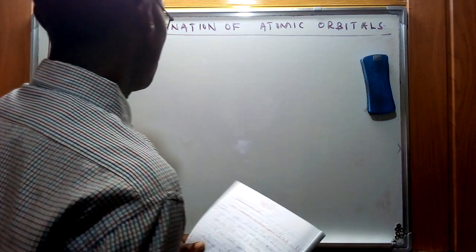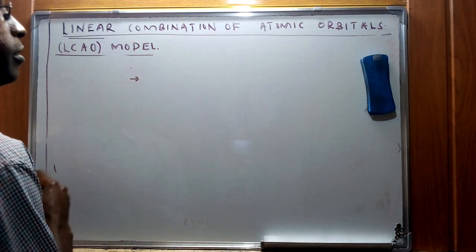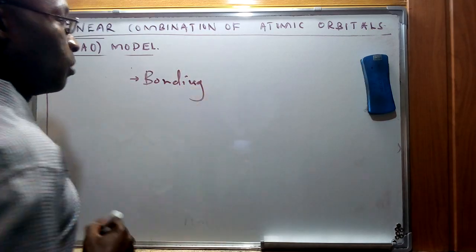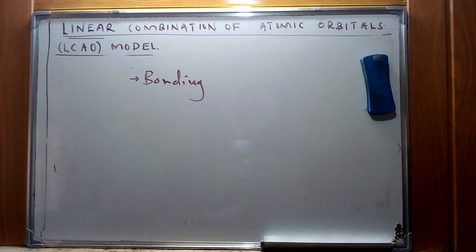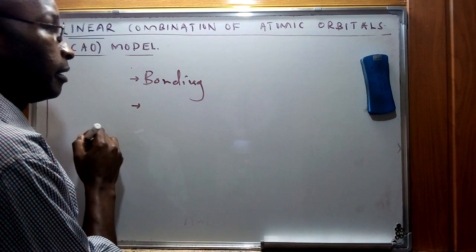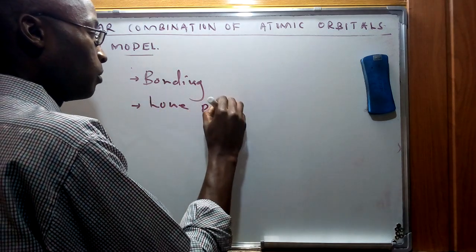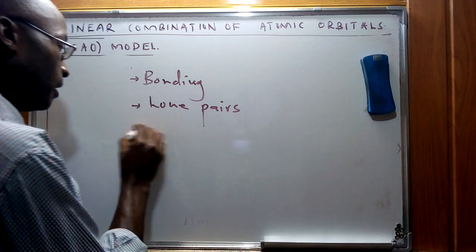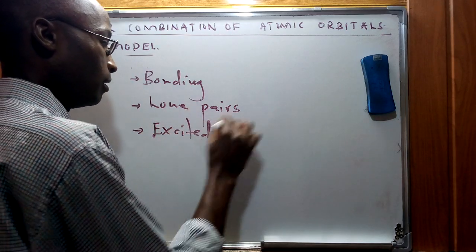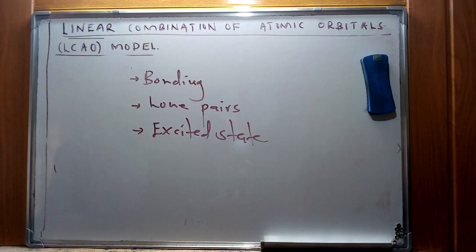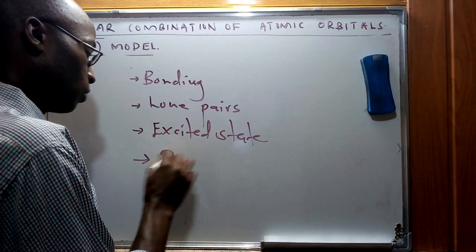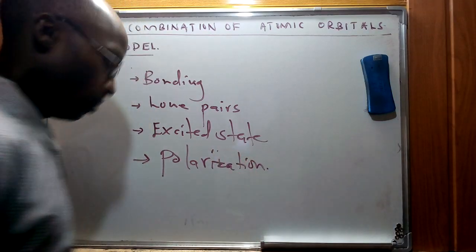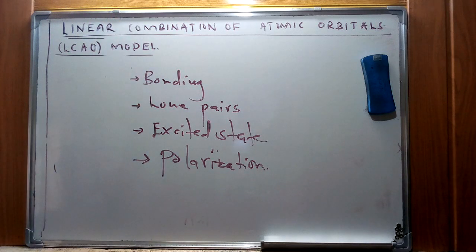It deals with the combination of atomic orbitals, or overlap, so it gives us an explanation of some of the areas in bonding insofar as overlap of orbitals is concerned. It also explains lone pairs of electrons observed in the majority of the molecules that we're going to discuss, the excited state of some of these atoms, and among others the concept of polarization, which we discussed in one of our videos.